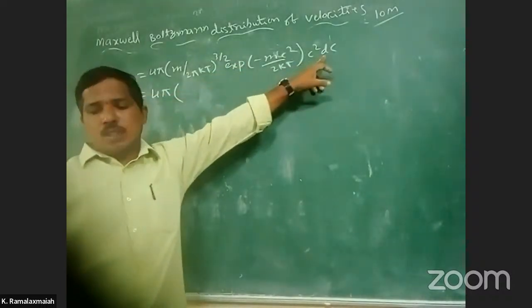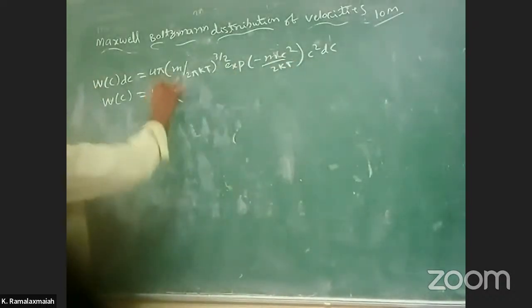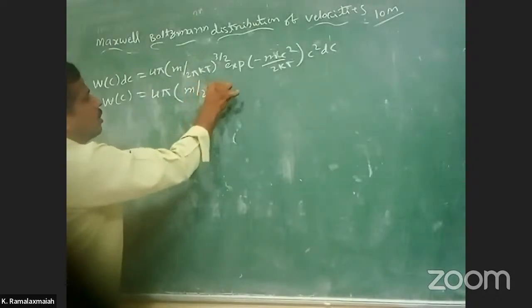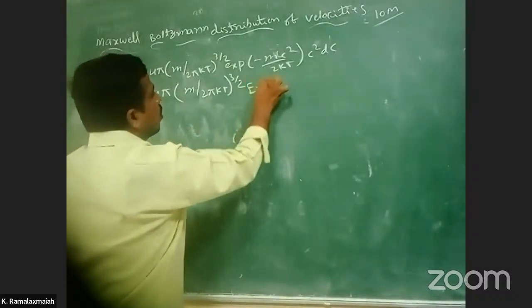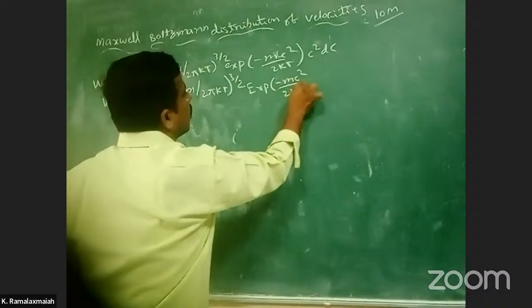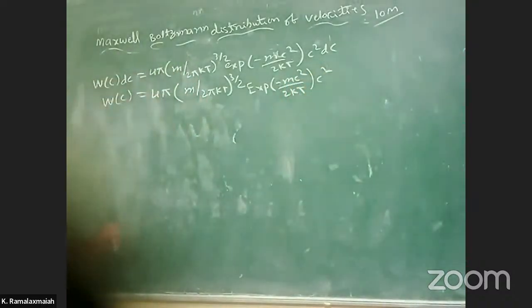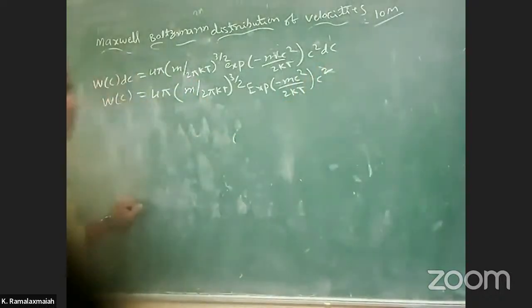So you write that dc is equal to 1. That is the converted formula: 4π (m by 2πkT) power of 3 by 2, exponential of minus mc square by 2kT, into c square dc.